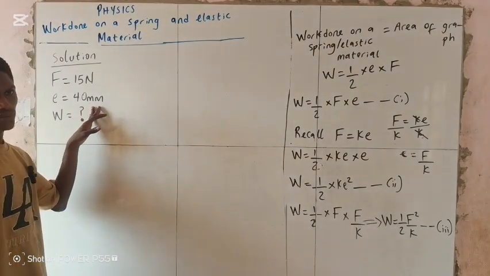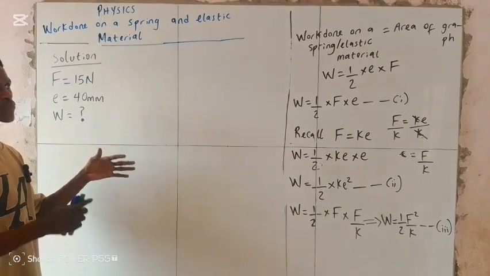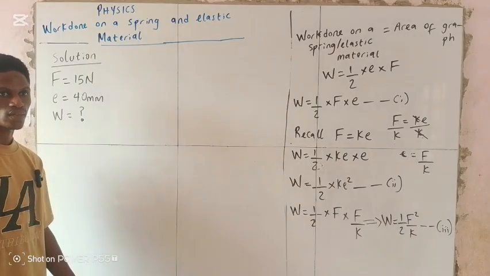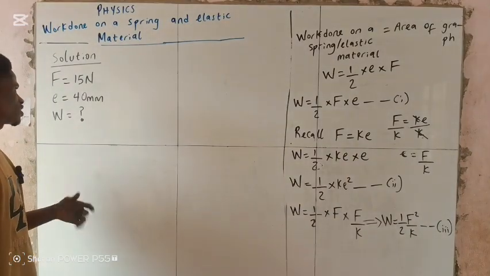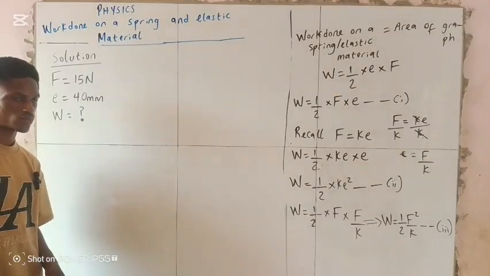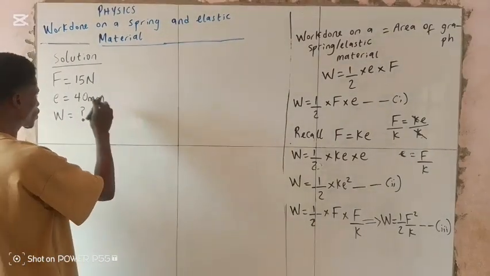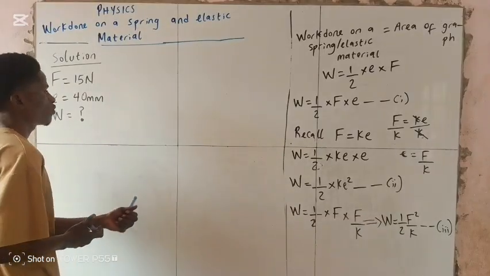But if it's in meters, then you need to convert. In most cases, there is need for conversion from millimeters to meters. Converting from 40 millimeter to meters, we divide by what?